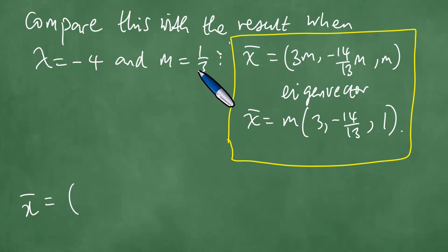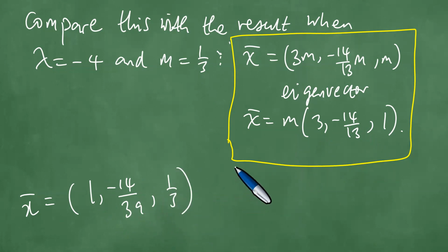If you take m to be 1/3 in this, that's going to be 1. Put the 1/3, it is going to be minus out of 39, and then it's going to be 1/3. Okay, just observe that.